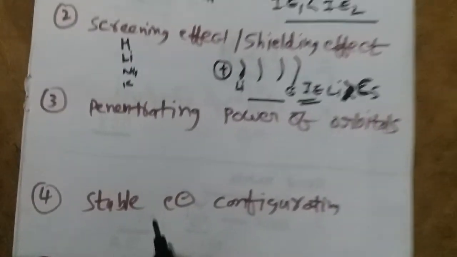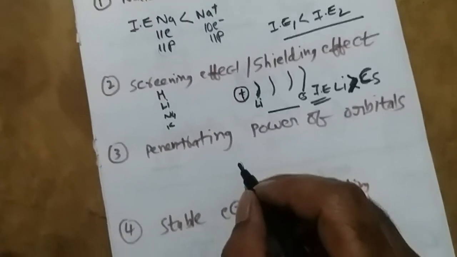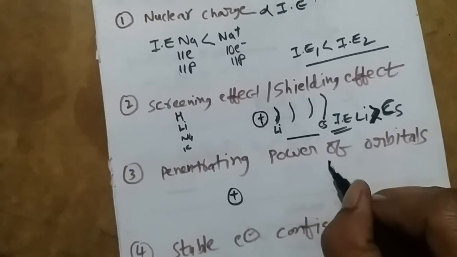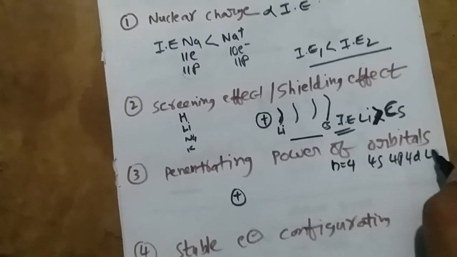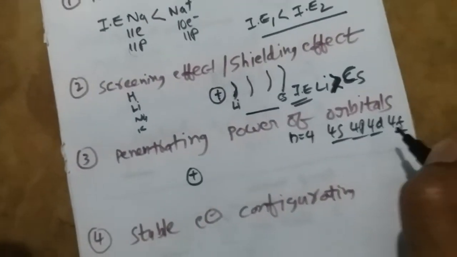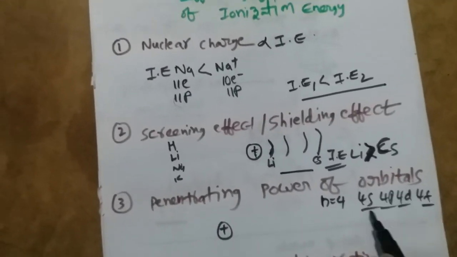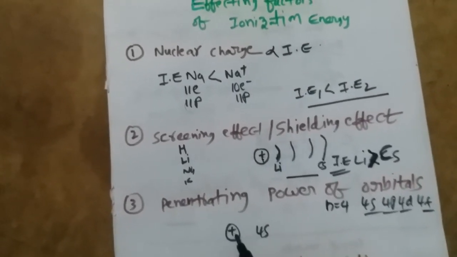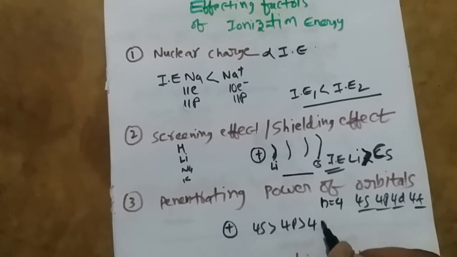Next comes penetrating power. Penetrating power means how near the orbitals come to the nucleus. When we observe the n equal to 4 main shell, we have 4s, 4p, 4d, 4f subshells. Among these four subshells, penetrating power is more for 4s, meaning the 4s subshell is nearest to the nucleus, and after that 4p, 4d, 4f.